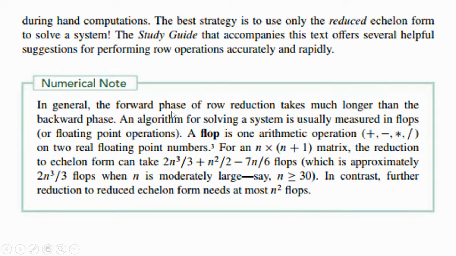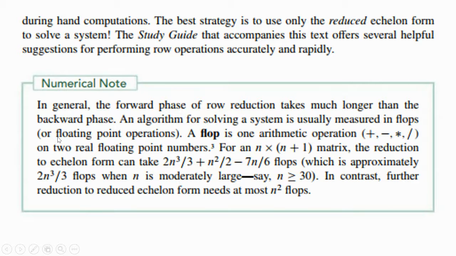In general, the forward phase of row reduction takes much longer than the backwards phase. The backwards phase is when you're doing that back substitution. An algorithm for solving a system is usually measured in flops. Flops stands for floating point operations.